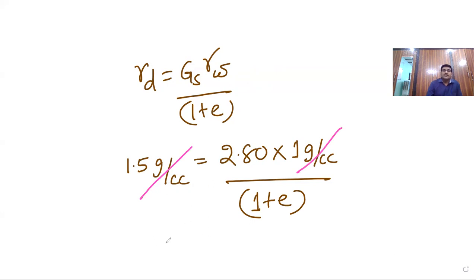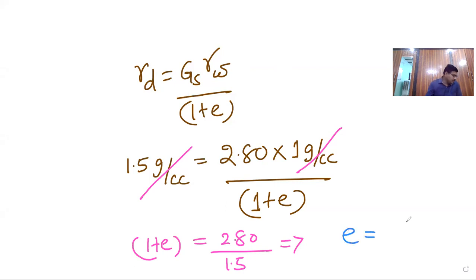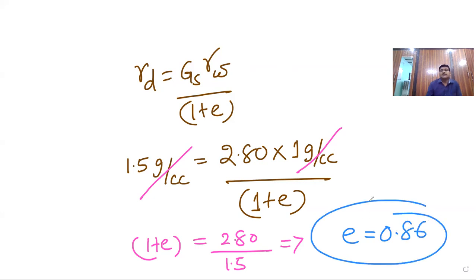On simplification, 1 plus e equals 2.80 by 1.5. And completely on simplification, the void ratio is 0.86.